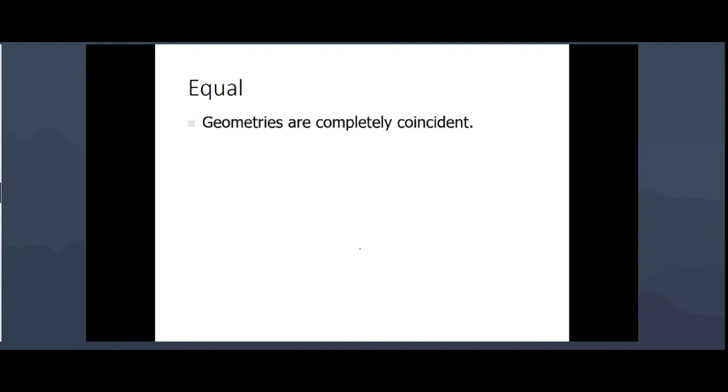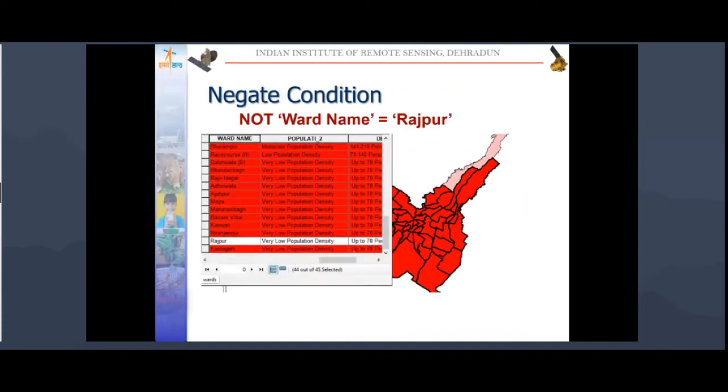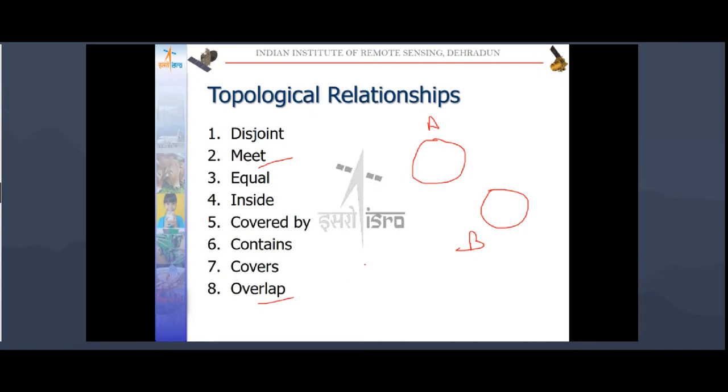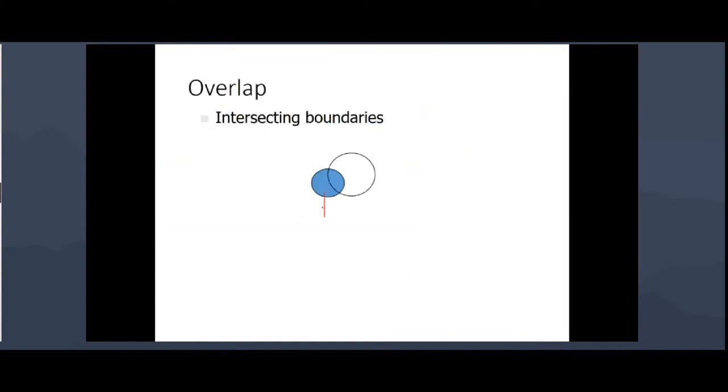Now the overlap relationship. Overlap is nothing but the intersection relationship where there is overlap of some portion here. So feature A, feature B. So in case of overlap relationship, you will find the intersecting boundaries, in which case you need intersection.